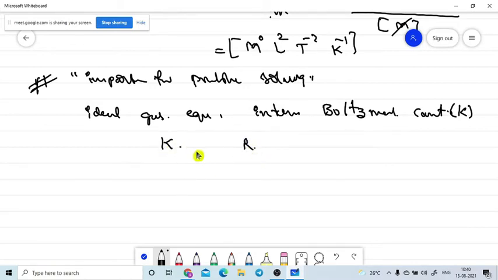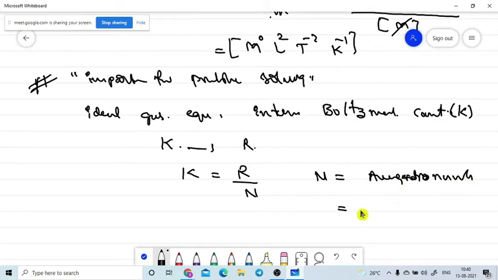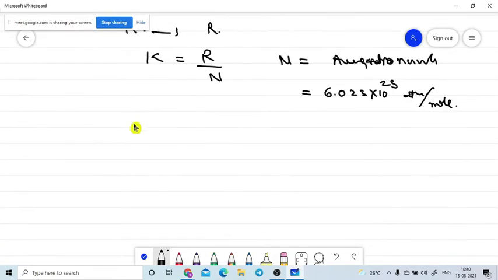Capital R means we have the relation capital K is equal to capital R divided by N, where N is the Avogadro number. You already know this one, 6.023 into 10 to the power of 23 atoms or ions or molecules per mole. This is the constant value. Then they are asking the ideal gas equation in terms of Boltzmann constant.